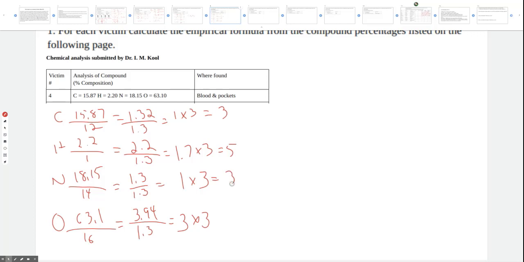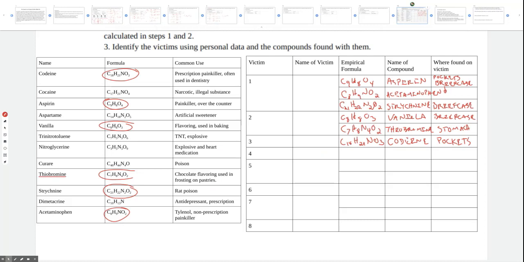5, 3, and 9. So this is C3H5N3O9. Victim number 4. C3H5N3O9. That's a 9, and that is a 5, just to be clear.